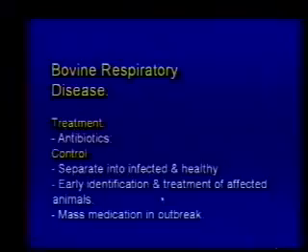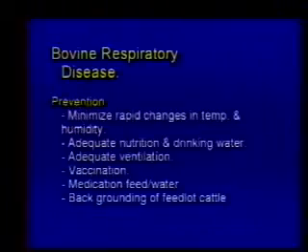The earlier we can identify this disease and treat the animal, the higher the recovery rate. And if there is an outbreak, meaning that more than 20-30% of the herd is affected with a respiratory problem, of course, we want mass medication with an antibiotic through the feed.